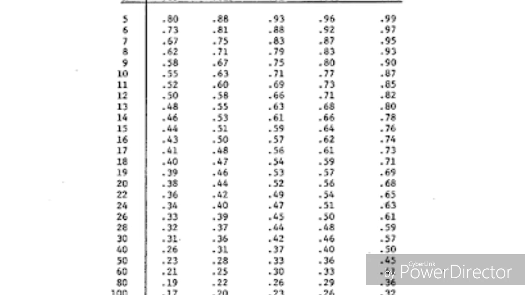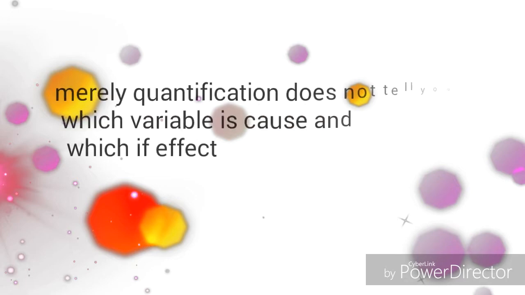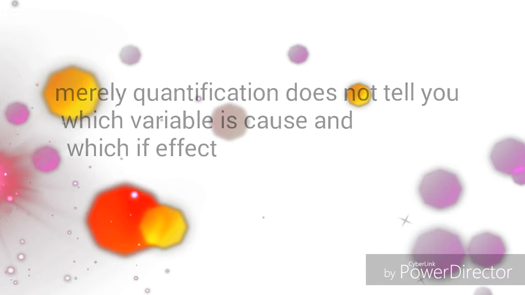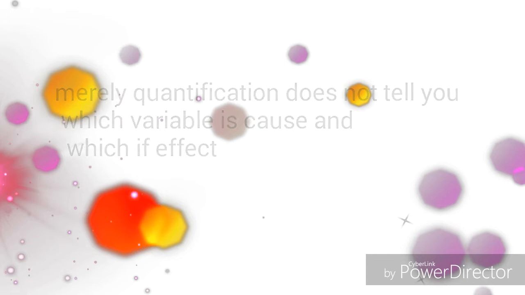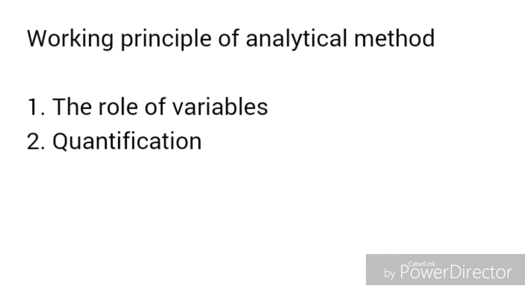But you have to understand that statistical correlation can only express the degree of relationship between two or more variables, but it cannot designate which variable is cause and which is effect. Here, the first problem that I have just discussed, the problem with variables, comes into the picture.